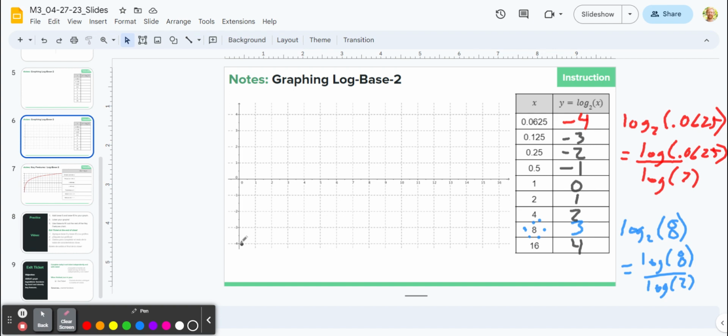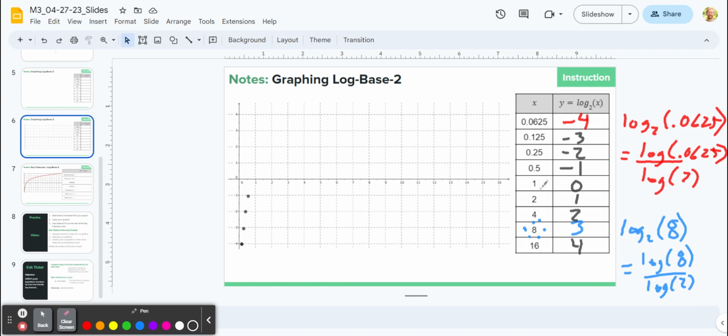So we are barely off our y-axis here. Then we go to -3 down and 0.125, so maybe a little further off, but not much, still really hugging that line. -2 goes to 0.25, so moving a little further, but not much. And -1 goes to 0.5.